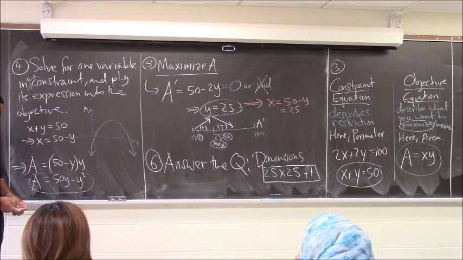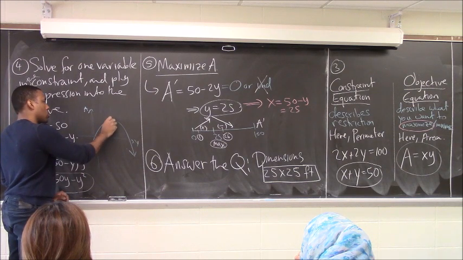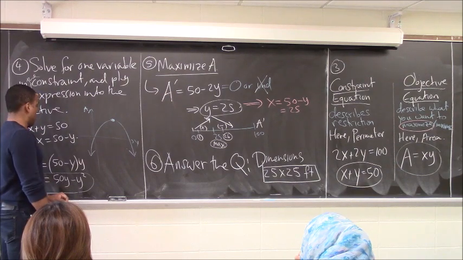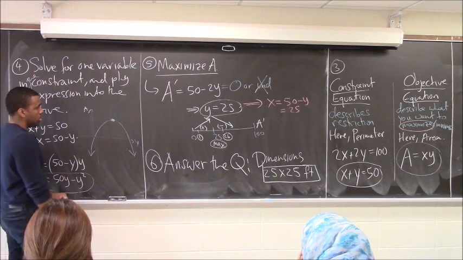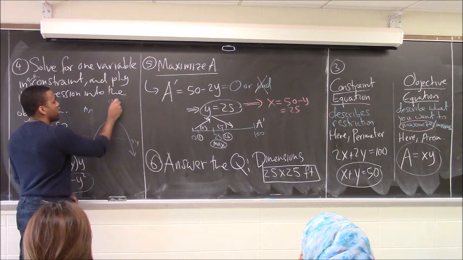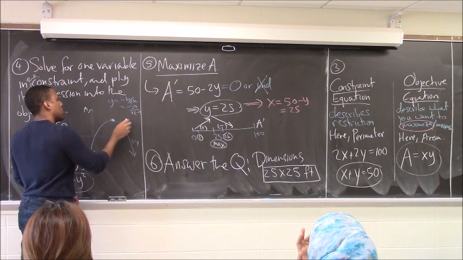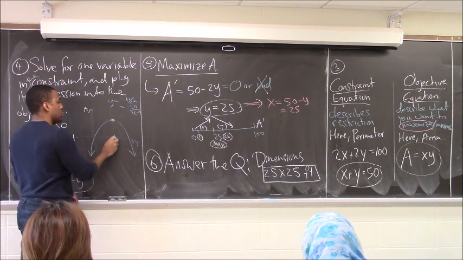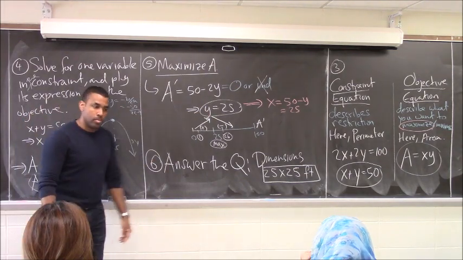What does that give you? That would give you what we call the vertex. And here your b is 50, your a is minus 1. So you can find the y value for that by minus b over 2a. That will be minus 50 over 2 times minus 1. And that will mean that your y needs to be 25, which is exactly what we found here.